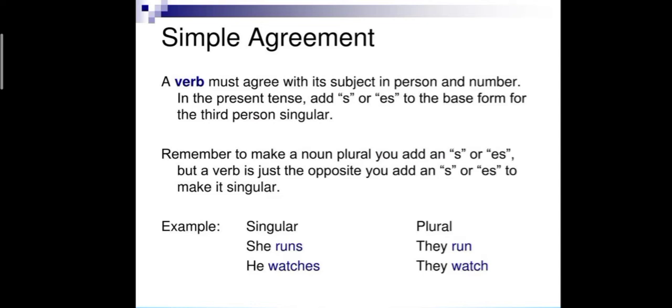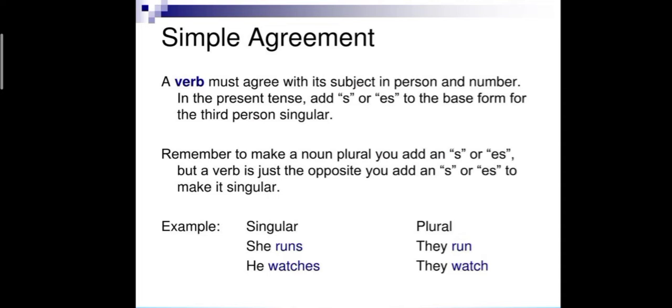Similarly, when we talk about number, a doctor treats the patient and doctors treat the patient. When we change a noun from singular to plural, here a doctor, because it is singular, you are adding s to treat, and doctors treat the patient. Here, because the subject is plural, we are writing treat, which is a plural form.